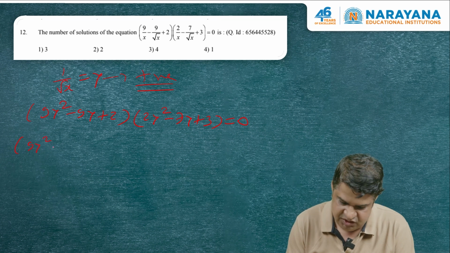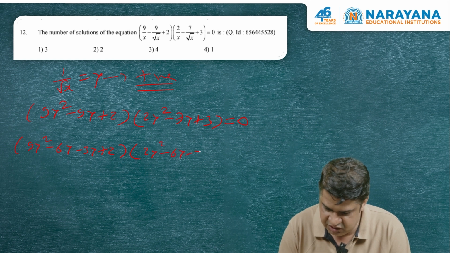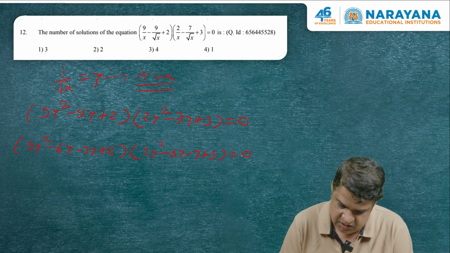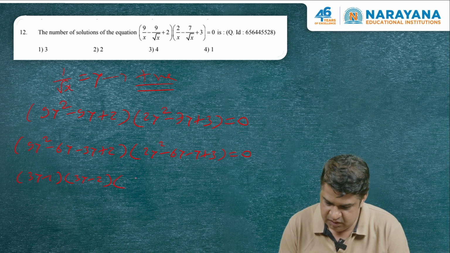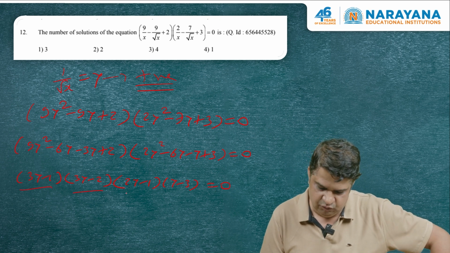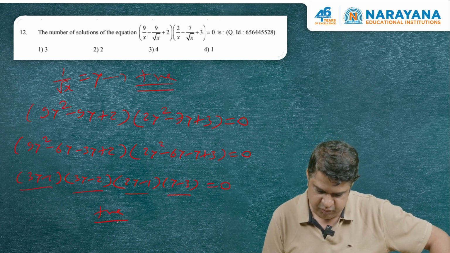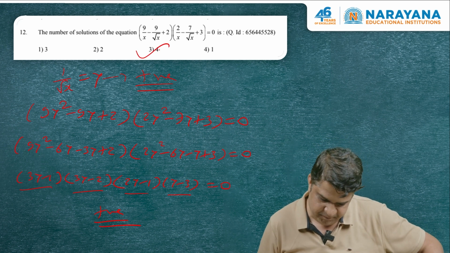So it is 9y² - 6y - 3y + 2 and 2y² - 6y - y + 3 equal to 0. Here we get (3y - 1)(3y - 2) and (2y - 1)(y - 3) equal to 0. We get 4 values of y and all of them are positive, so the number of solutions will be 4.